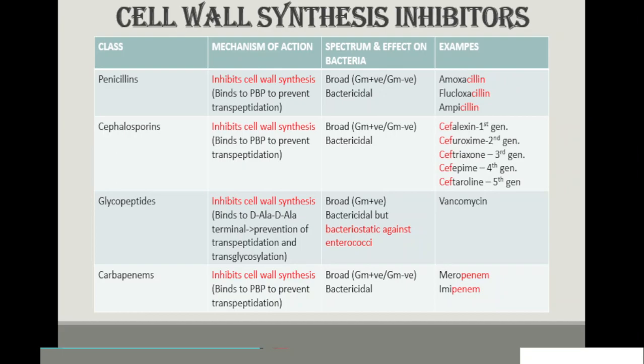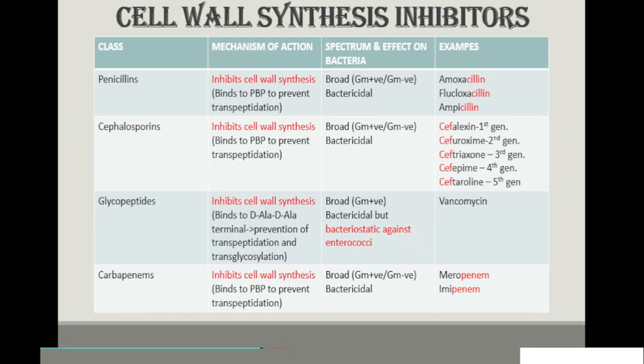So the third class over here is glycopeptides. Glyco for glucose, peptide for protein. So these drugs are made of a combination of a glucose moiety and a protein. The mechanism of action is they inhibit cell wall synthesis as well, but the way they do it is different from the way the penicillins and the cephalosporins do.